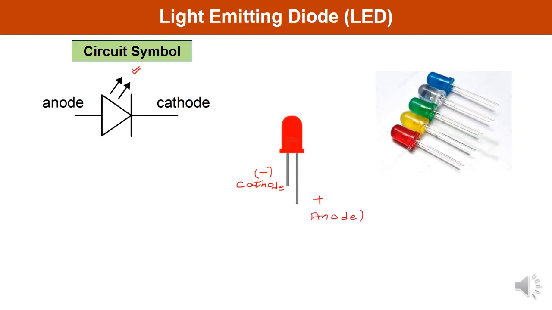And LEDs of various colors are also available in the market. The color depends upon the type of material used for the fabrication of the light emitting diode. So accordingly you can see red, yellow, green, blue, white, various colors of LEDs.